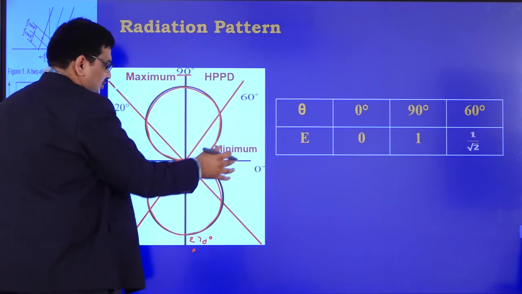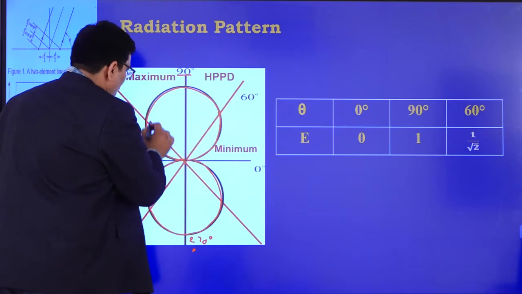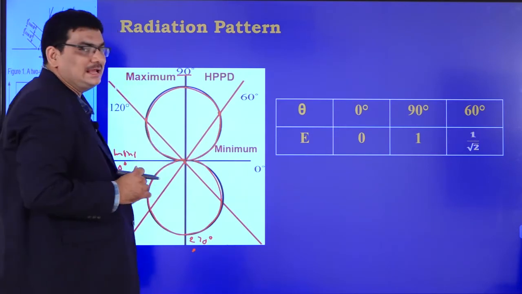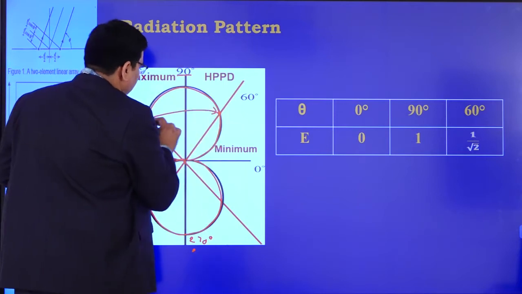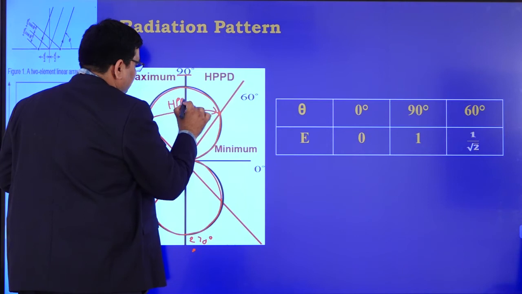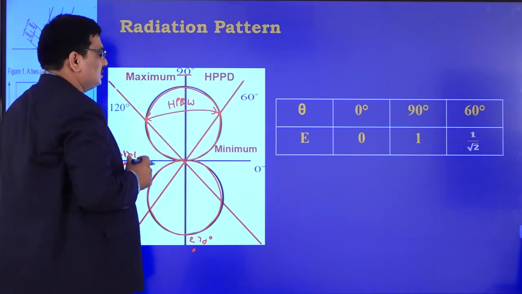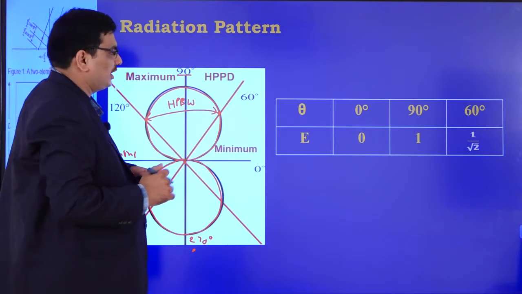This is maximum and this is minimum, and at 60 degrees and 120 degrees you are getting the half power directions. The angular difference between these 2 points is your half power beam width, that is 60 degrees. 120 minus 60 is 60 degrees.